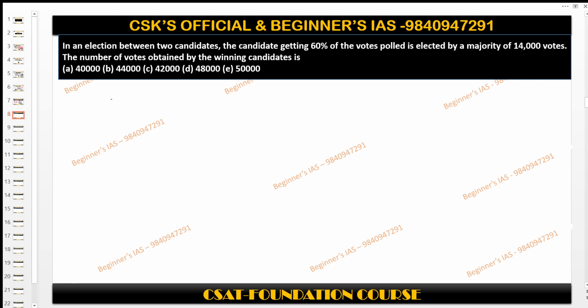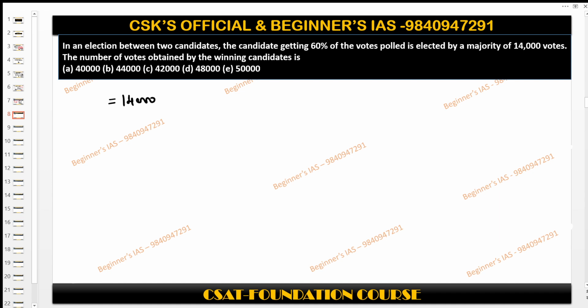So what is the difference there? Sir, 1400 is the difference between the winning candidate's and the losing candidate's votes. Then can you say this is the 20 percentage? Yes, sir.